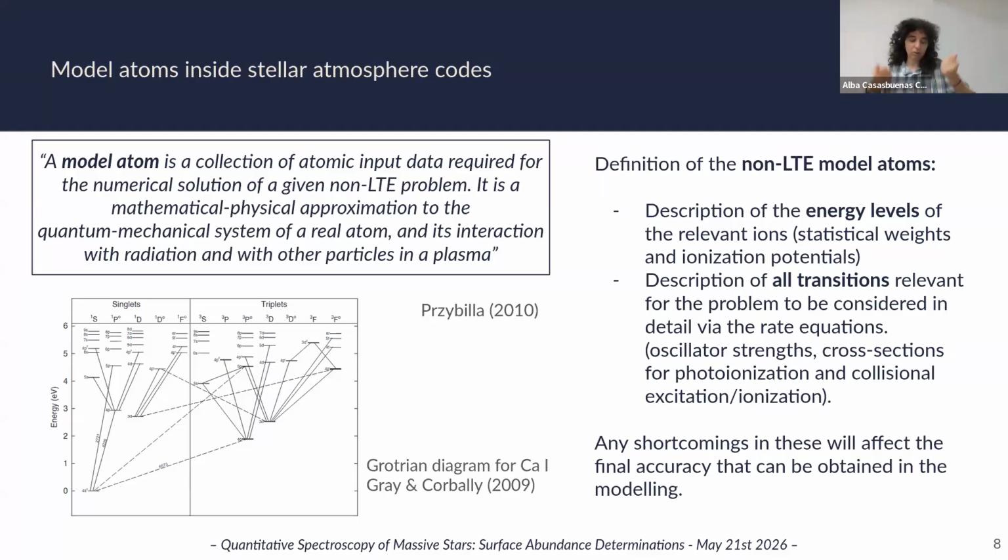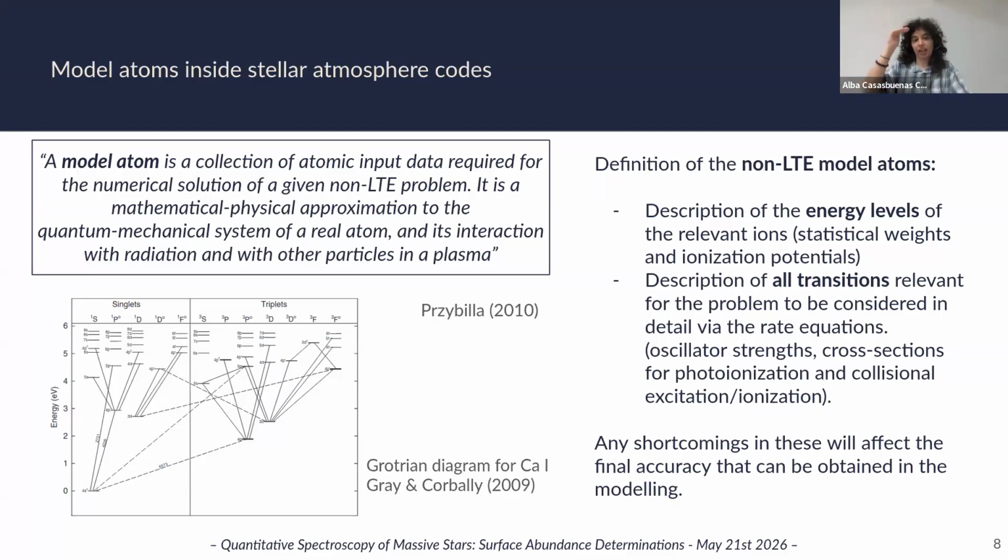Okay, so in practice, what we need to feed into the stellar atmosphere code is a set of data of the ions of the atoms that are relevant for the spectrum of our massive stars, and we need to include all of the information that we need to solve the non-LTE equations.